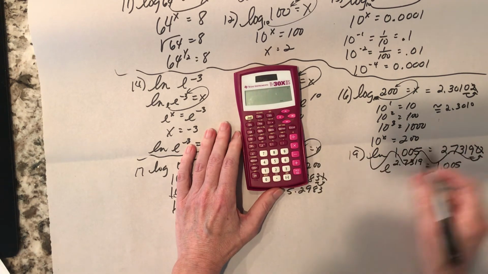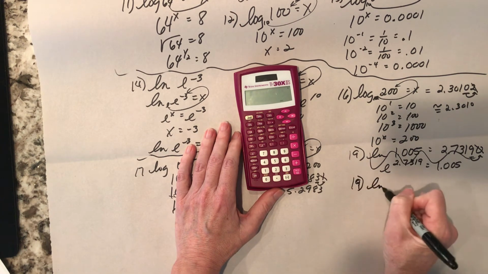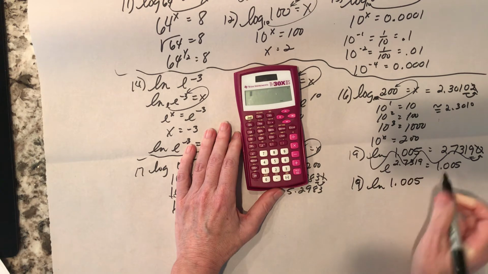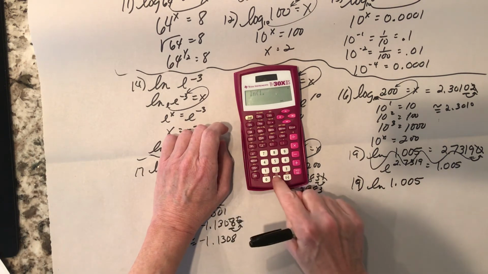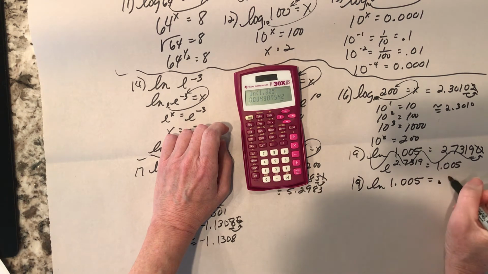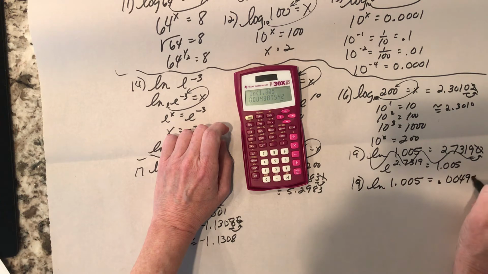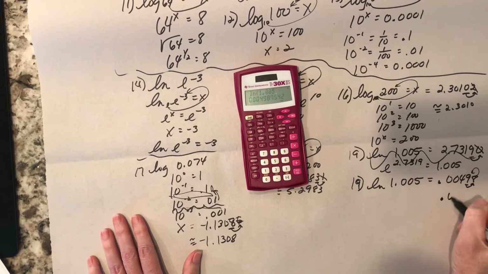Okay, so let's start number 19 all over again. Number 19 is natural log of 1.005. So I've got the natural log of 1.005 equals, there we go, decimal point 00498. The fifth number tells you to round up. So if you're rounding up 49, that's going to round to 50.